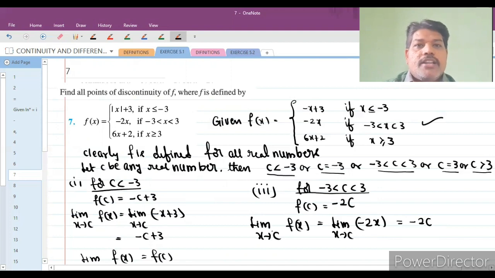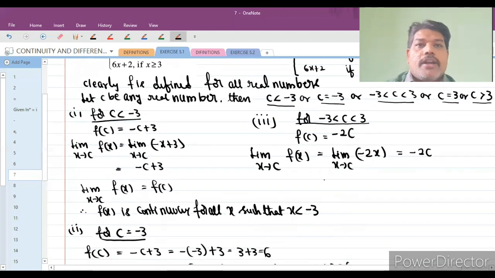So the f(c) value and the limit as x tends to c of f(x) both coincide. What we can write is, therefore, the limit as x tends to c of f(x) is equal to f(c).